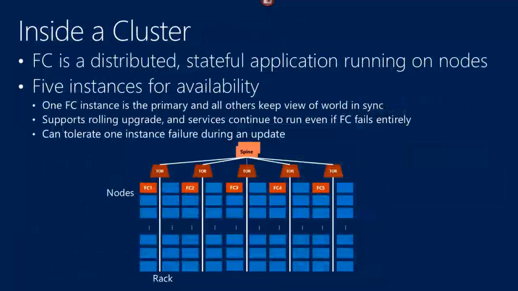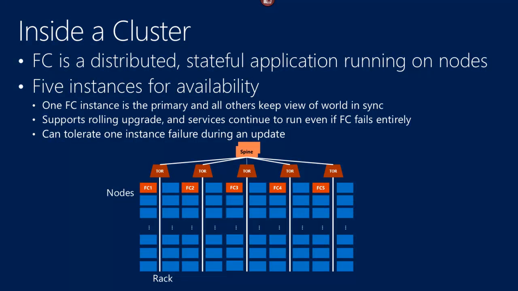Now, to give you a look at what the fabric controller is designed as, it is essentially designed to use its own application model. So when you write a PaaS application in Azure, you have this concept of a role, and it can scale out. It scales out for availability as well as for scalability. The fabric controller is a special type of app.